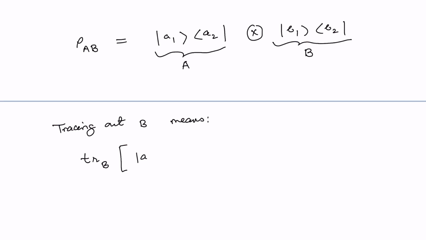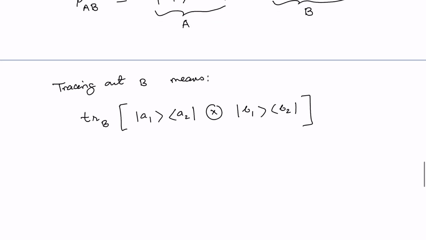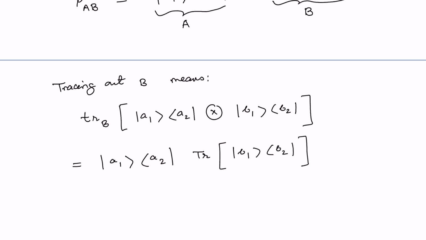That means rho AB is given as ket A1 bra A2, tensor product or direct product, ket B1 bra B2. And when we are taking the trace, we are going to take the trace over system B only. So we will have ket A1 bra A2 as it is, and then the trace operation is going to be carried out over ket B1 bra B2, which is corresponding to system B.